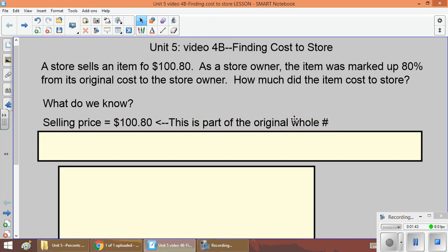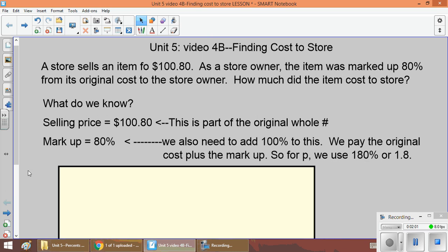So let's take a look at this. What do we know? The selling price is $100.80. This is actually part of the whole number. We're trying to find what it was before the markups were added. The markup is 80%. We also need to remember that this $100.80, we need to add 100% to that, because as a store owner, I not only had to buy the item, but I also had to add an extra 80%.